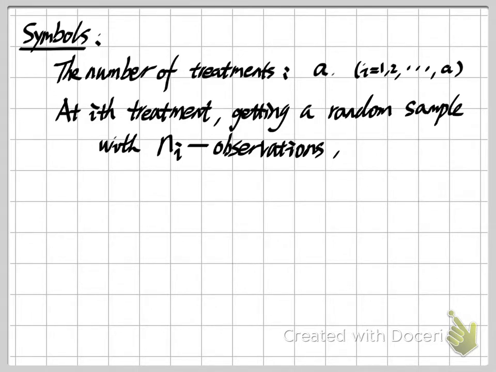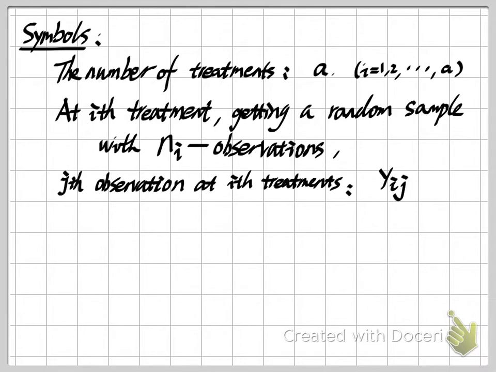And about this observation, of course we should have a notation. So we denote this by Y sub ij. So here j is the jth observation at the ith treatment. So for example, if we have 10 patients and we order them by 1, 2, 3 until 10, and the first data selected from the first patient at the low level of our drug, then this is our Y11.